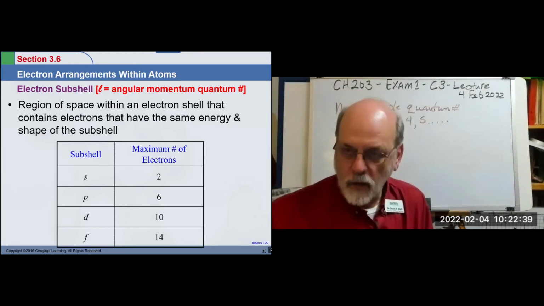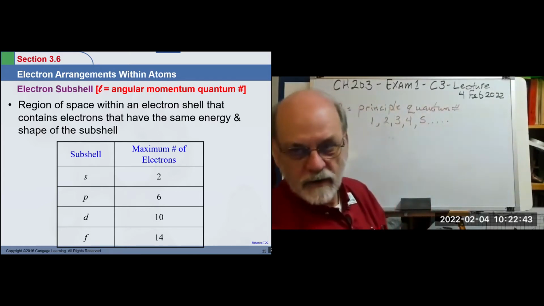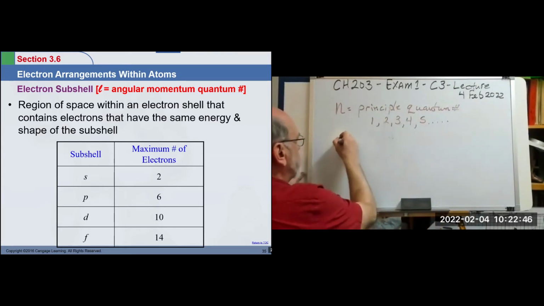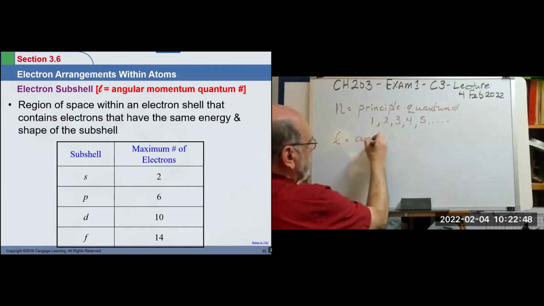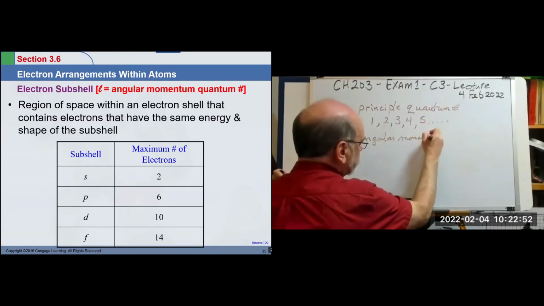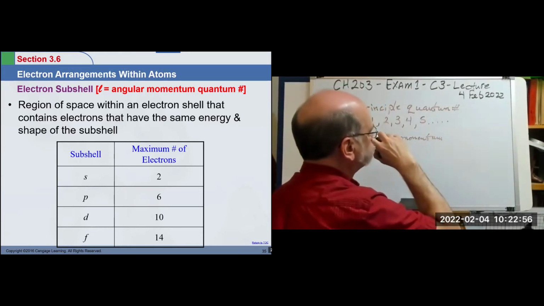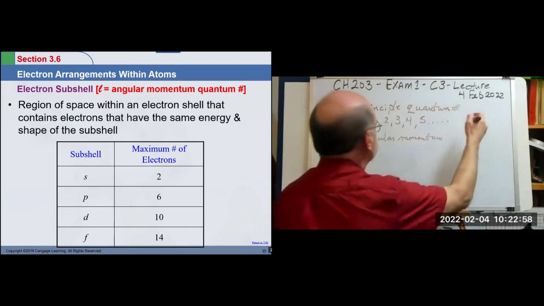Now, the next quantum number is called the angular momentum quantum number, or L. So this is energy.